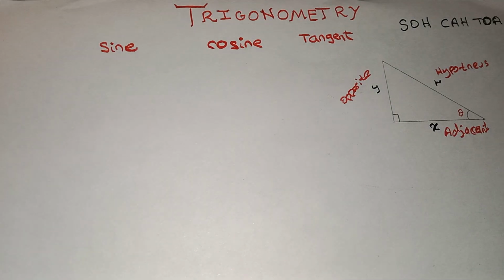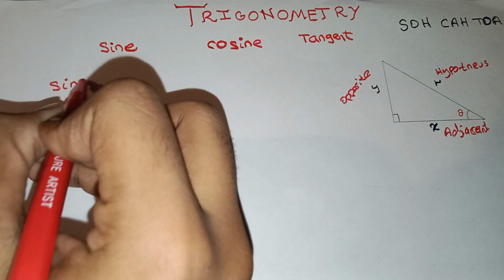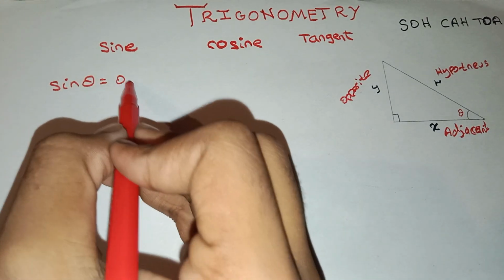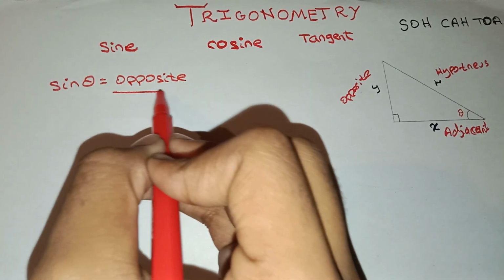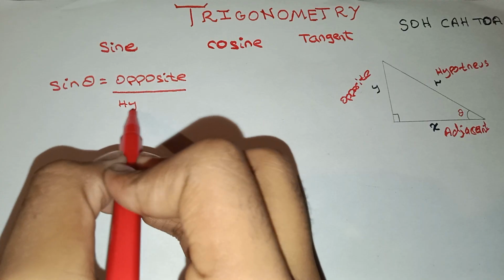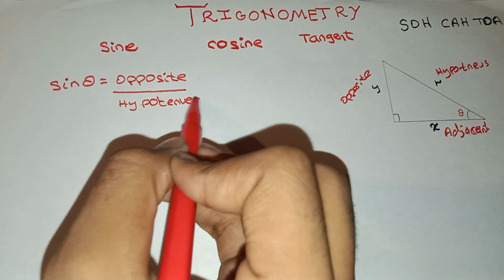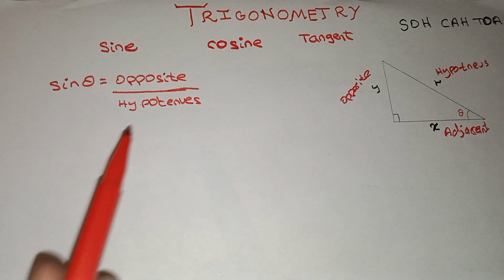Sine, cosine, tangent. Sine theta equals opposite upon hypotenuse. Now this is the trigonometric ratio of sine.